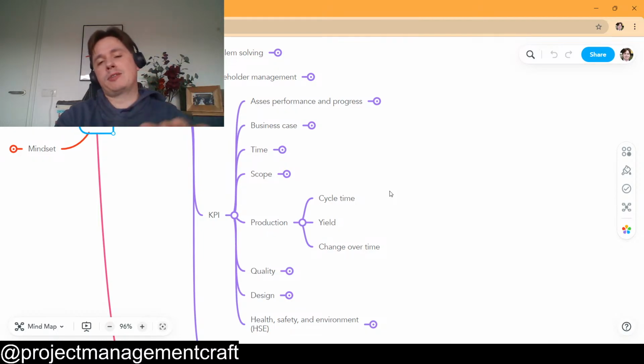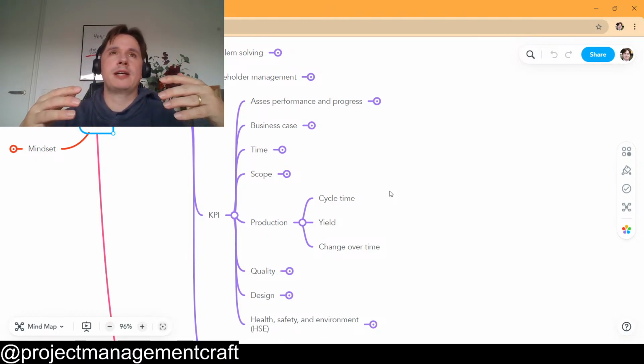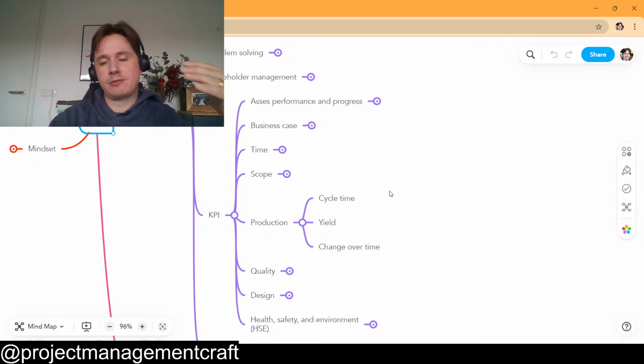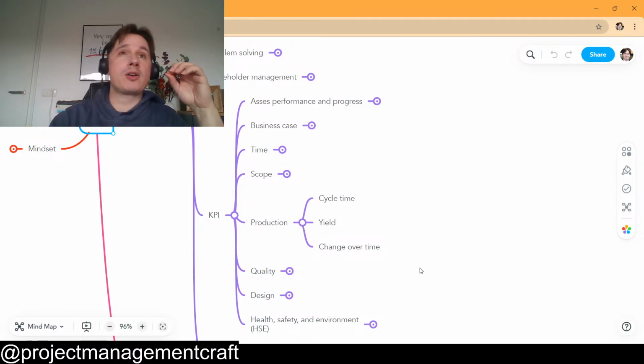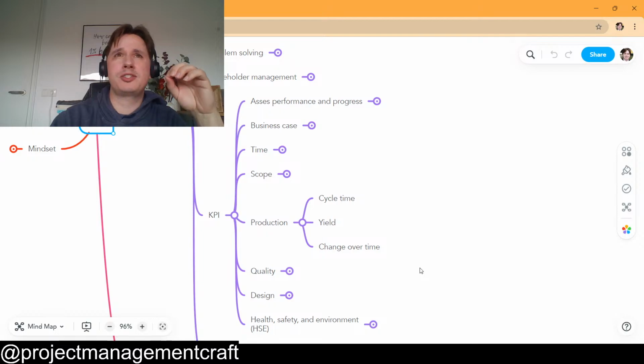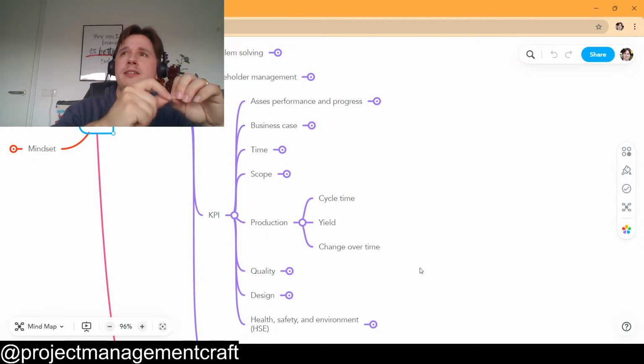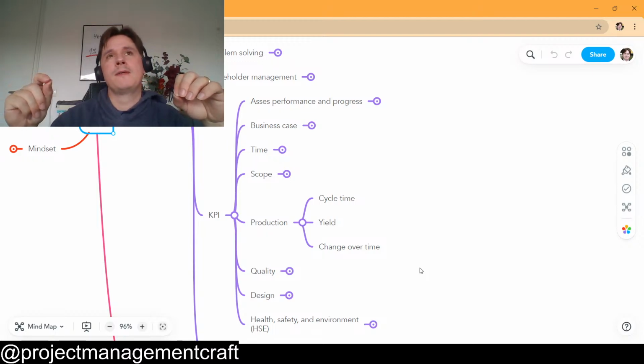It was a small production site with 25, 30 people working there, and they were trying to improve and take the next step to the next level. Then the production manager, in one of our one-on-one discussions, came up with a very nice KPI: she would measure the amount of waste of material in each step of the process.